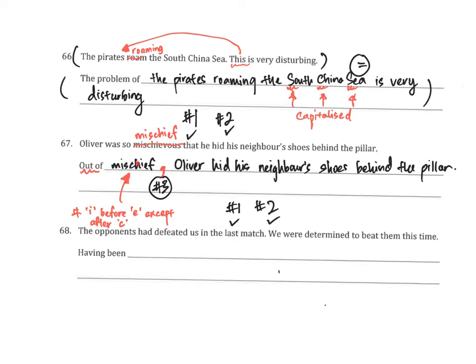However, if I have a word that has the letter C, then the order of the I and E change. For example, let me give you an example here. For example, the word RECEIVE. Now notice that it's no longer I and E, but it's E and I. Excuse me.